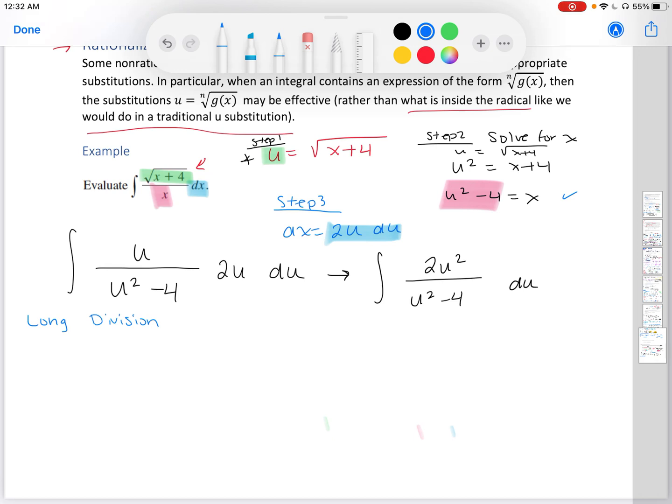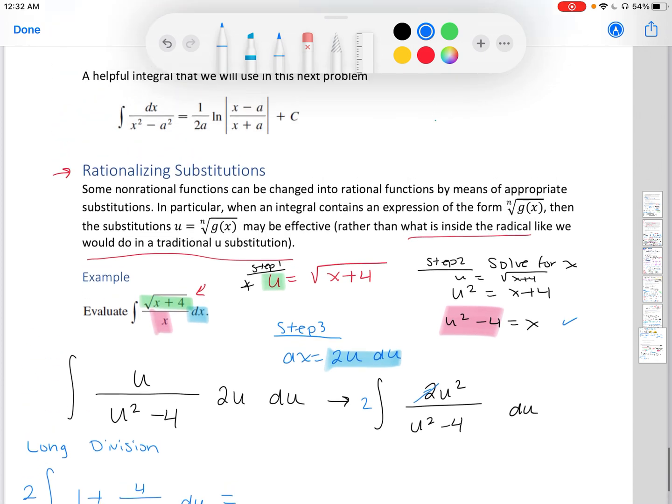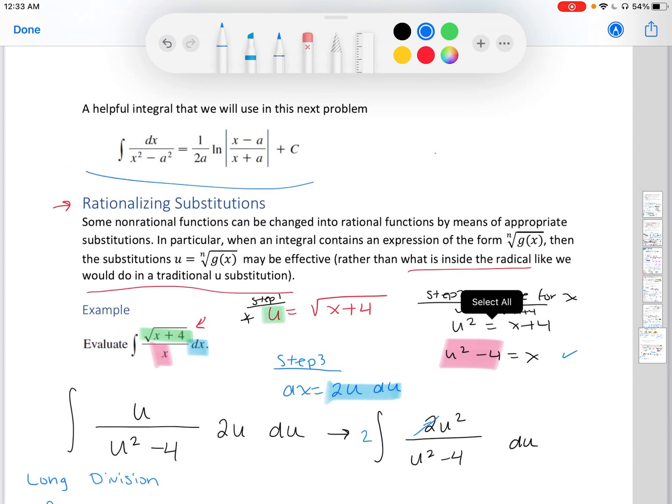After long division, you'll have, well, you can in fact move that 2 forward, so that you have 2 times the integral of 1 plus 4 over u squared minus 4 du. And for this one, I'm going to use this integration technique. When you have something squared minus something squared, we can use this integration technique.